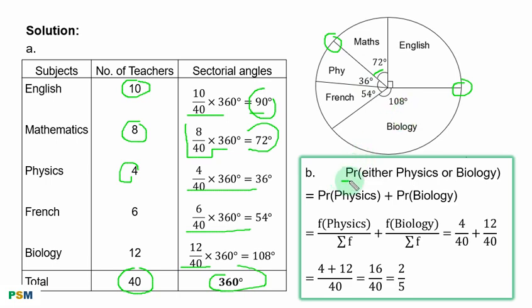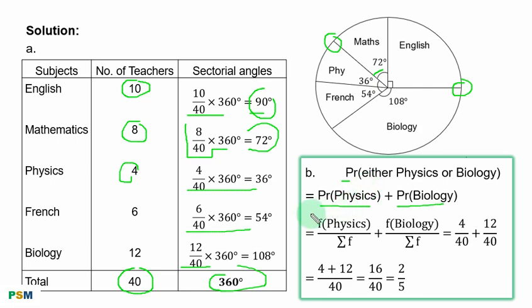B. Probability of either physics or biology is equal to probability of physics plus probability of biology, which shows the addition rule. Here we are interested in the number of physics teachers and biology teachers.